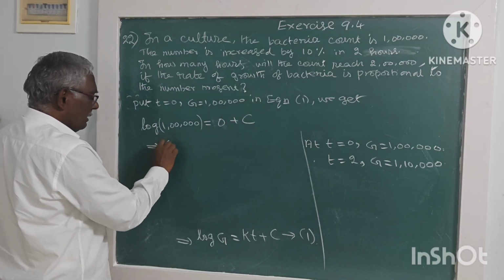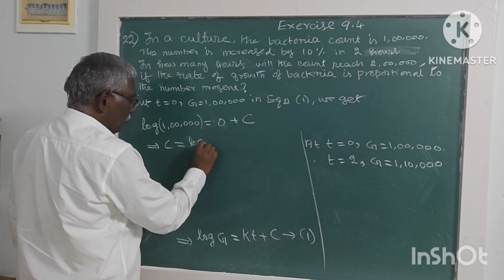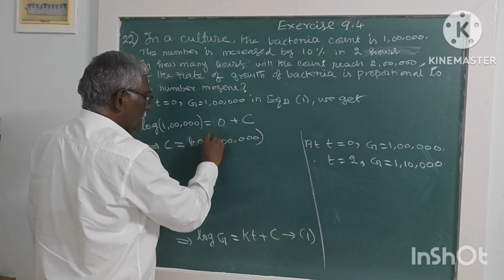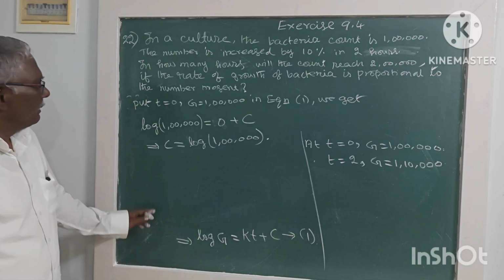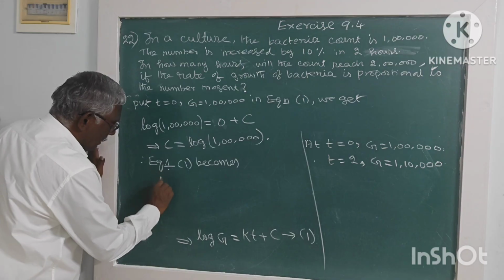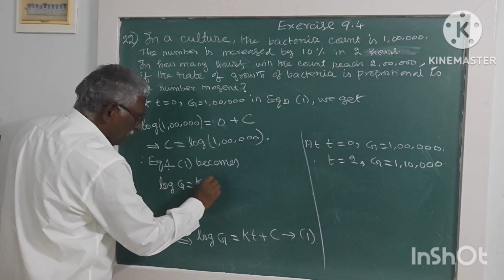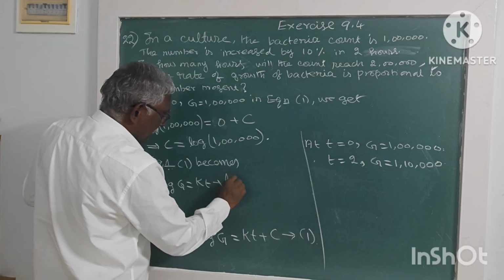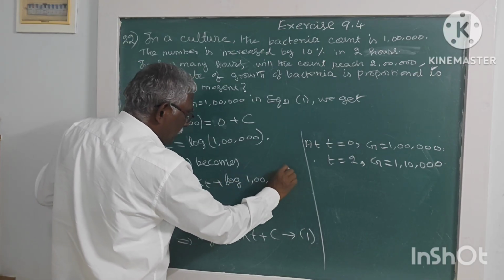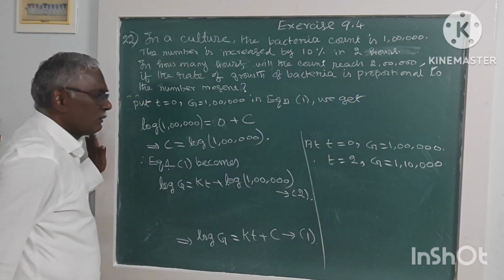That means c is equal to log of 1 lakh. Therefore, equation 1 becomes log g is equal to k times t plus log 1 lakh. We call this equation 2.